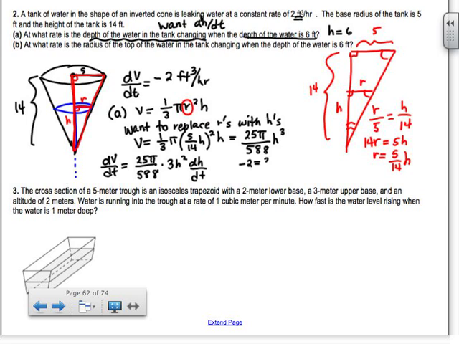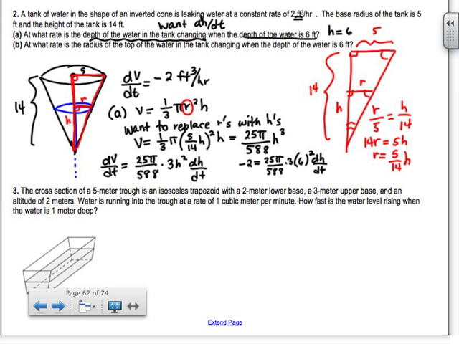Okay, dh over dt is what you're trying to find. You know dV over dt is -2, so you have -2 equals 25 pi over 588 times 3 times, it says when the height is 6, so 6 squared, and then times dh over dt.